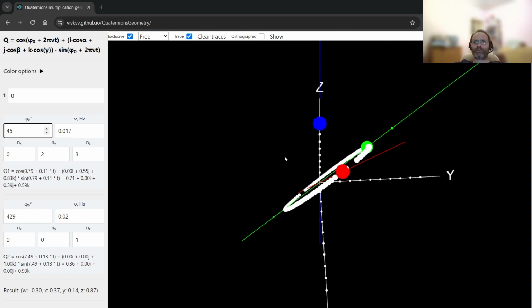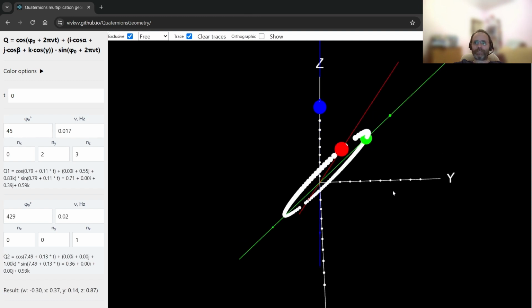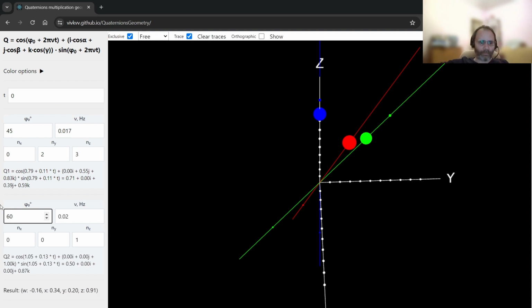We can also do it differently. Choose a small angle and see that the result plane rotates only slightly relative to the original. For example, 5 degrees.